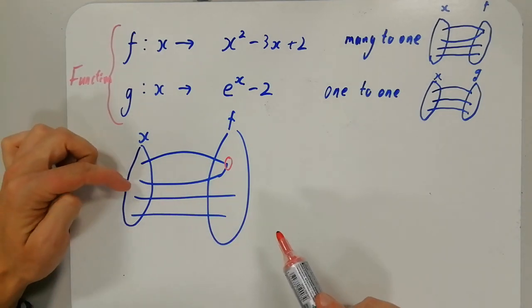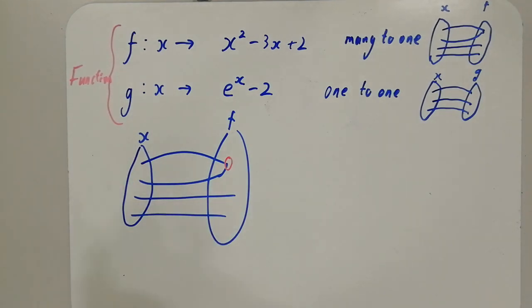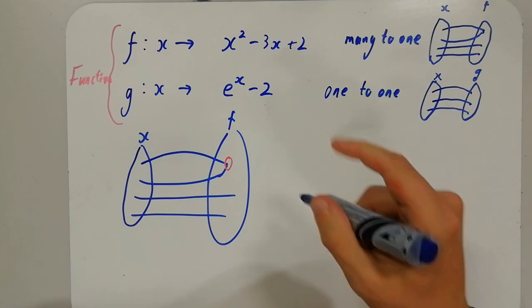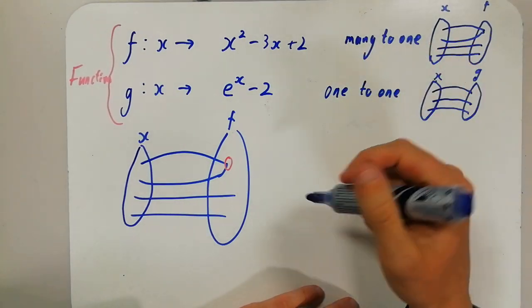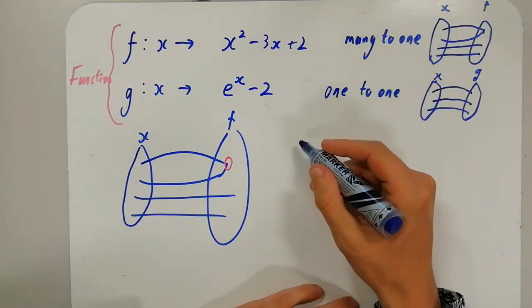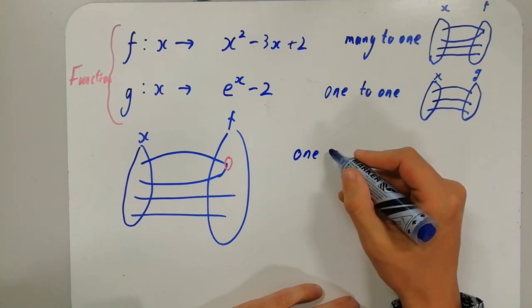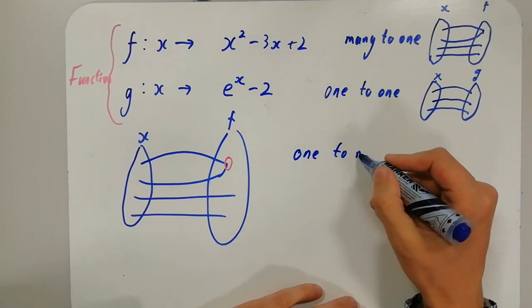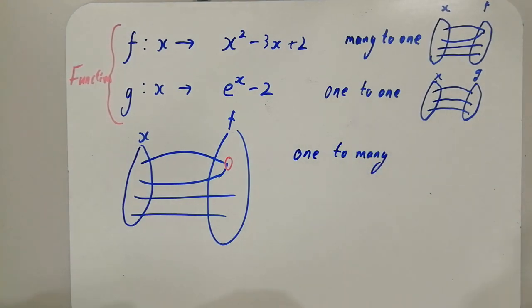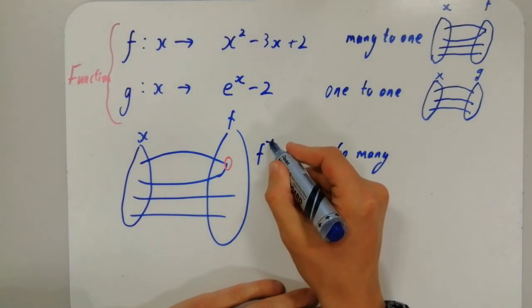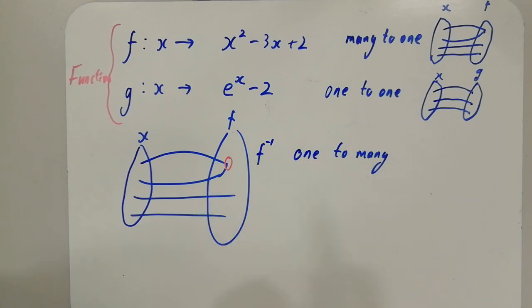I'd have to guess at this point which one my original input was. So as I flip this round and I try to run the process backwards, this would become a one to many again. Okay, if I tried to reverse this process, head the other way to find f inverse, that would become a one to many. So this would not be a function anymore.